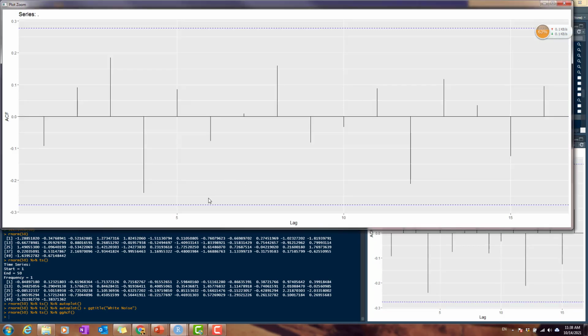You can see over here all the data is within the significance limits, and even though the current data could have a relationship with the first lag, second lag, or others, they are not so significant.